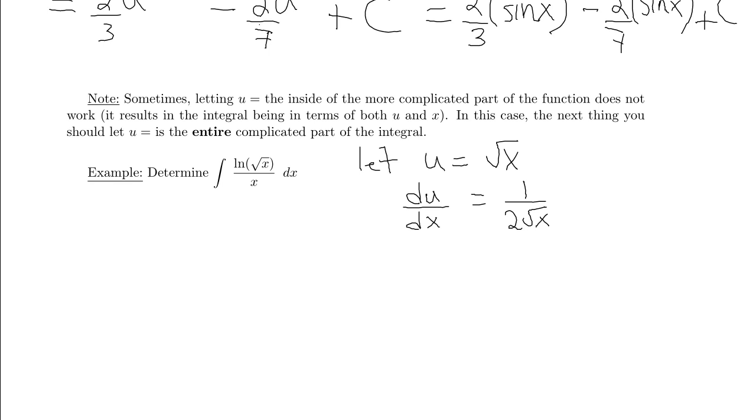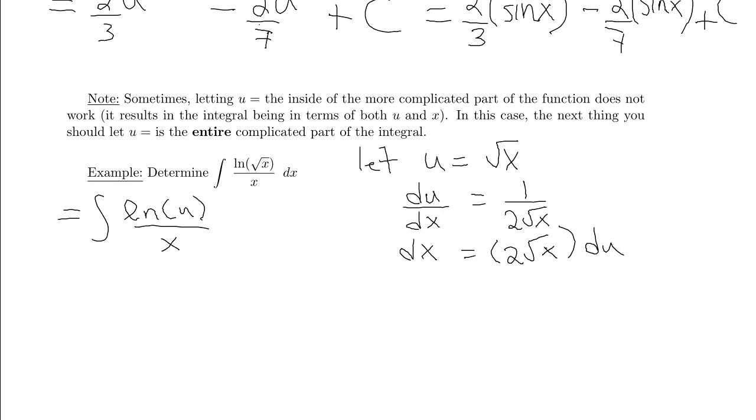Okay, well then solving for dx, I get that it's equal to 2 root x times du. Okay, so now let's substitute that in. So I would then have the integral of ln u divided by x times 2 root x du. There's a little bit of cancellation here.